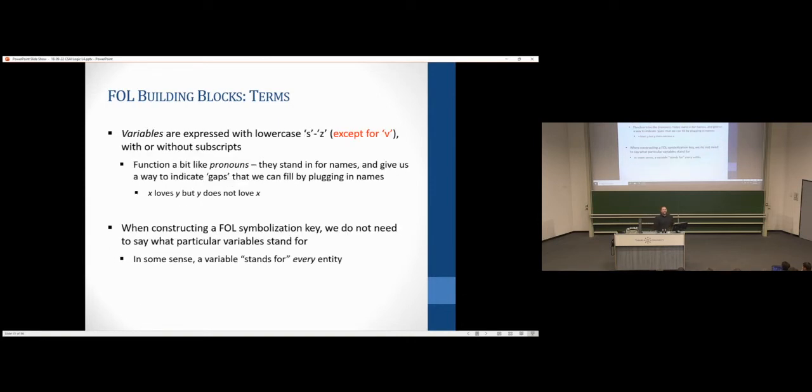What about variables? We'll talk about it in a second. Variables we express with lowercase s through z, and we can use subscripts. Now I have a recommendation, and that is avoid using v as a variable, because you might confuse yourself as to whether you meant disjunction or just v.